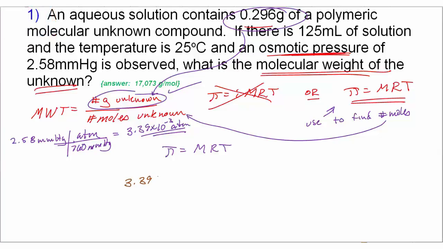We've got 3.39 times 10 to the negative 3 atmospheres equals big M. We don't know what that's going to be. R is 0.0821 liter atmosphere over moles Kelvin. And the T they said was 25 degrees Celsius. Now remember, to get Kelvin, just add 273. So that's 298 Kelvin.